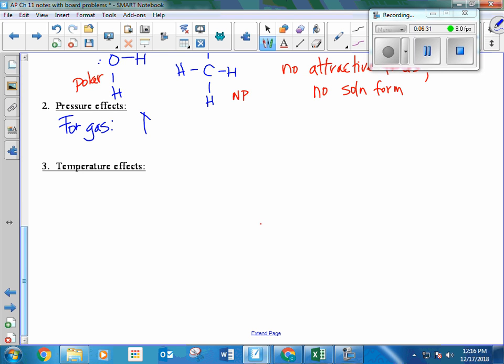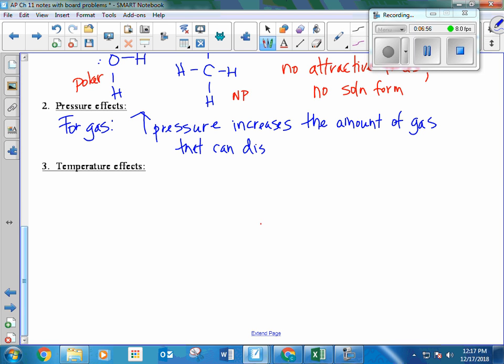So if I increase my pressure, an increase in pressure increases the amount of gas that can dissolve. Okay, so this includes Henry's law.